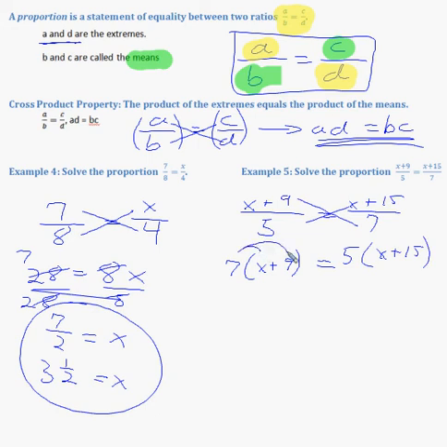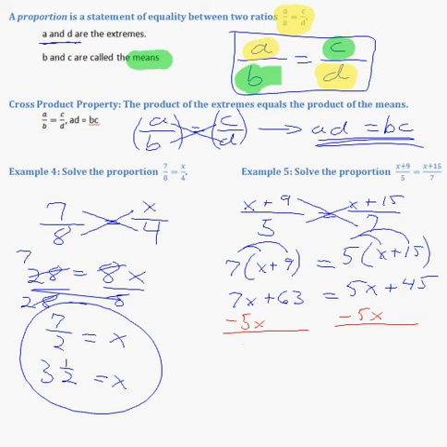We can distribute. We have 7x plus 63 equals, and then distributing over here, 5x plus 45. And now we want to solve. We can get the x's to one side, so we'll subtract 5x from both sides. And that gives us 2x plus 63 equals 45.